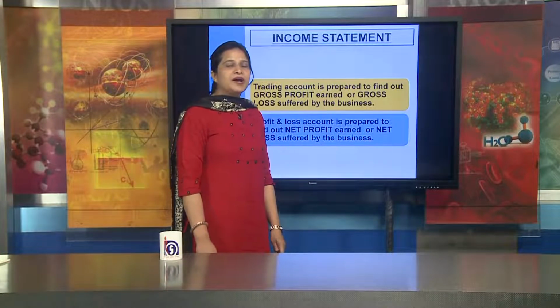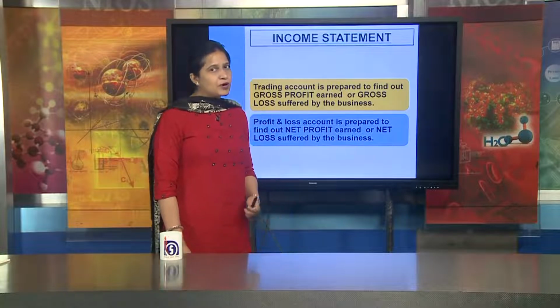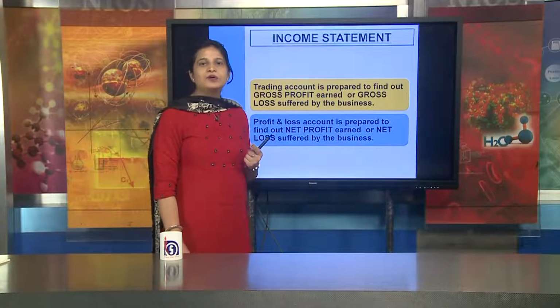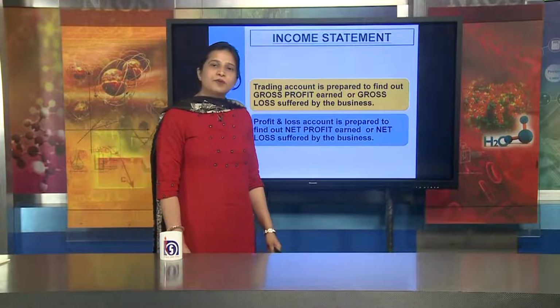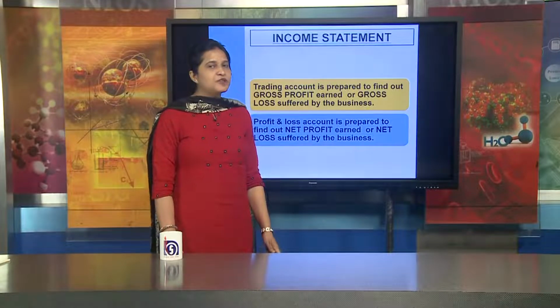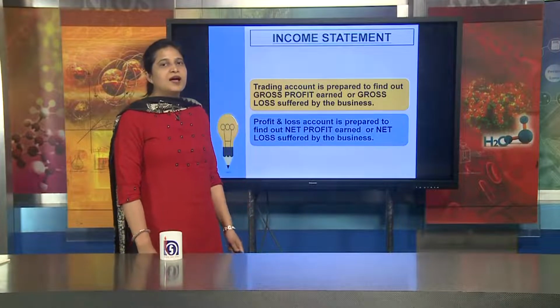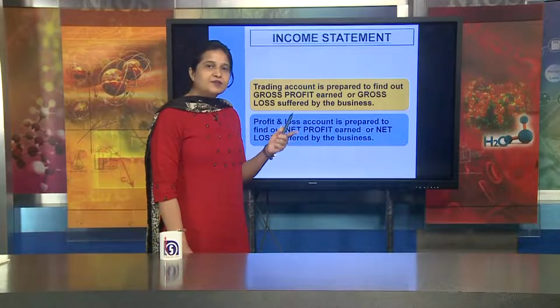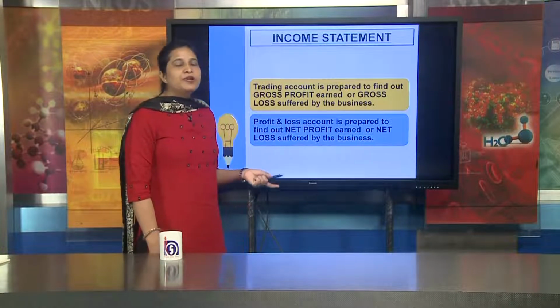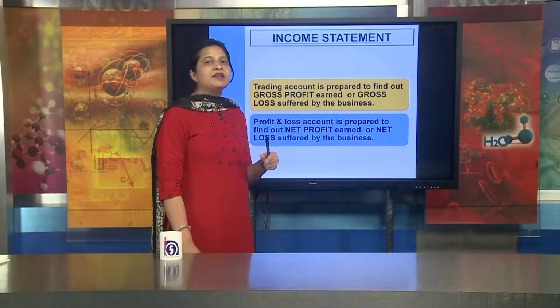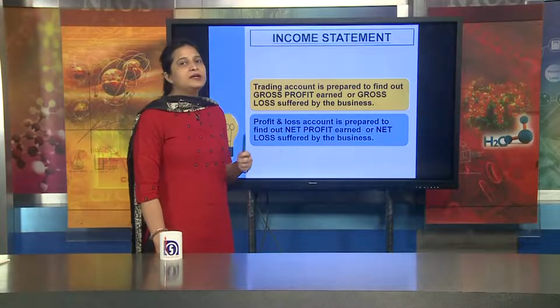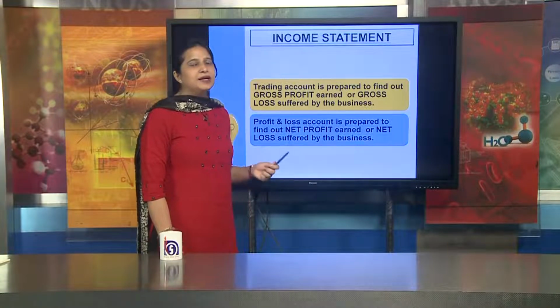So when we prepare the income statement, we prepare two accounts: first the trading account and next the profit and loss account. From the trading account we get the gross profit or gross loss, and that gross profit we transfer to the profit and loss account, and finally from there we get the net profit or the net loss.